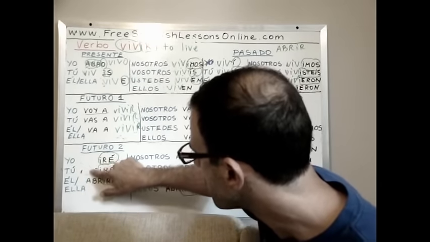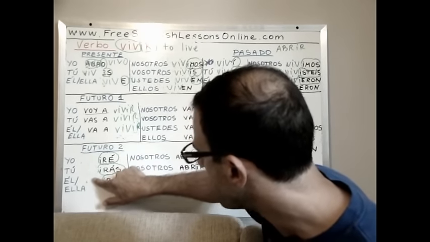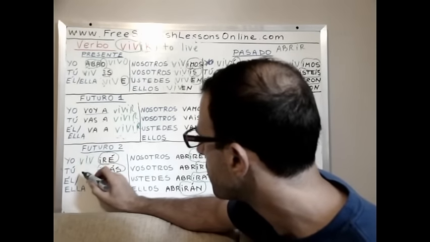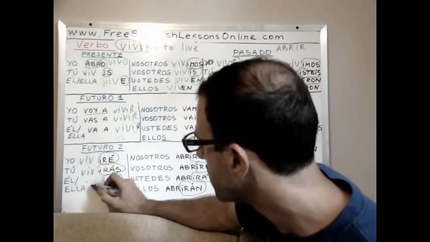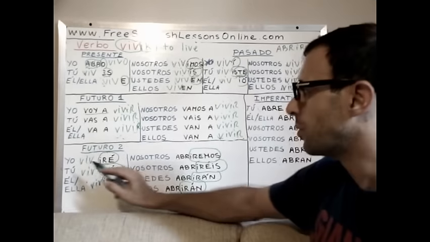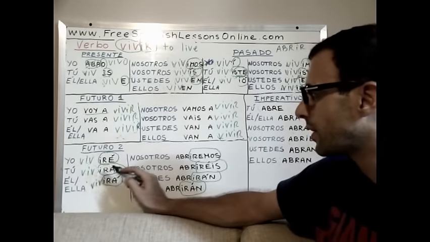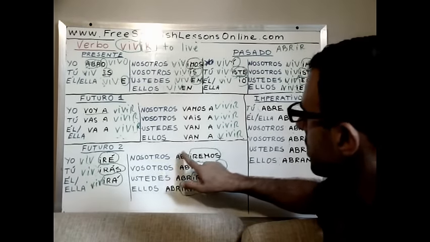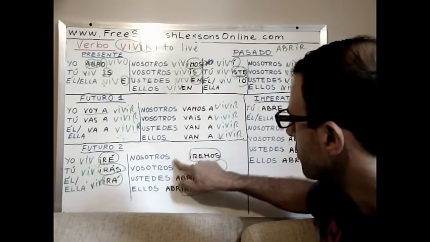So we just change the root of the verb here. For the verb viv, this is the root of the verb vivir, right? So, yo viviré, tú vivirás, él vivirá, for I will live, you will live, he or she will live.